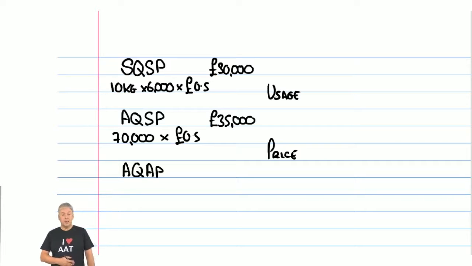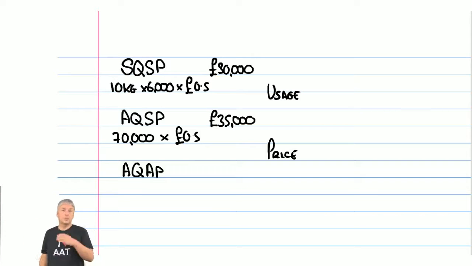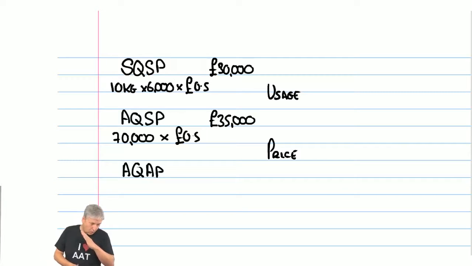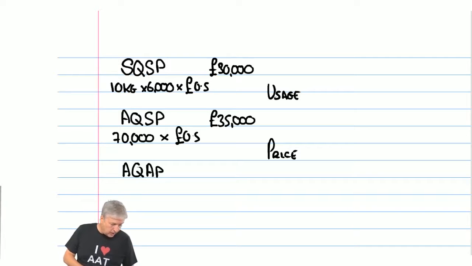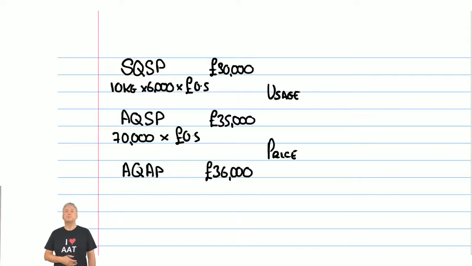And then finally, we want the actual quantity, actual price. The great thing here is that the actual quantity at the actual price gives us the total actual cost. So again, look to the right-hand column in the actuals, and we see that the total actual cost of apricots was 36,000. So we've established all of the values.